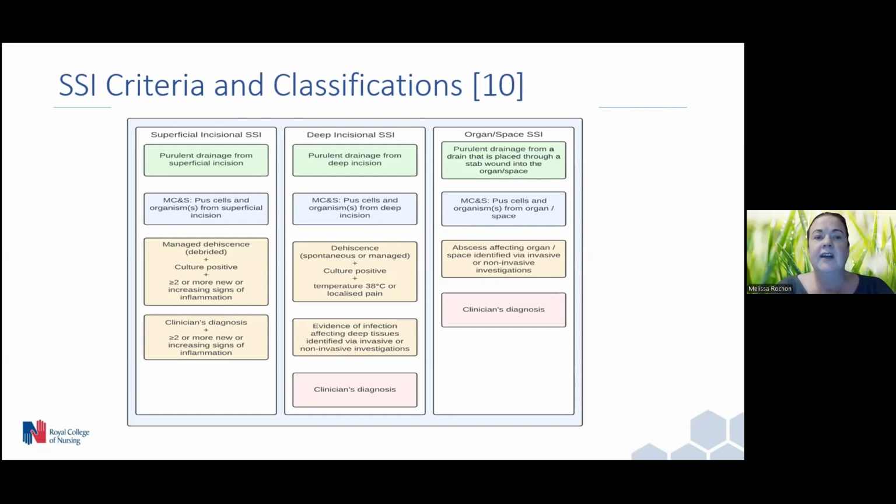And these criteria for SSI, it's really important that they're used consistently so that we are able to compare, because remember, with surveillance, you want to have it to benchmark your own performance. So that consistency is really important over time as well.